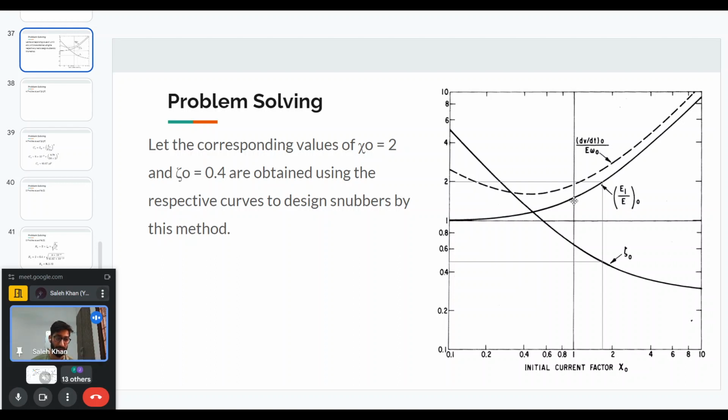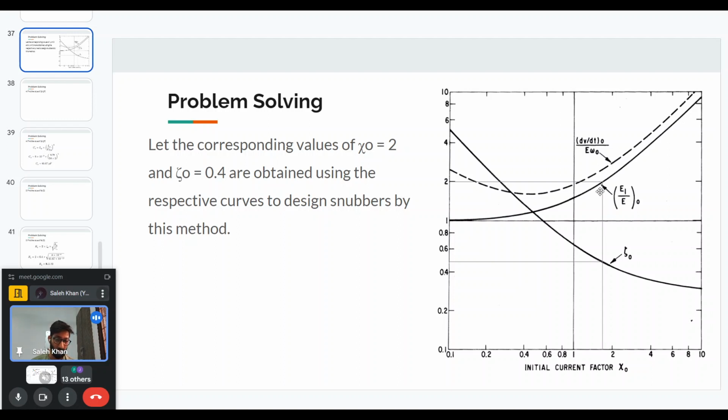We saw that E1 by E is equal to 2 because we want to limit E1 to twice E. So from the y-axis, if we find the value 2 and go to the E1 by E curve, then we can go to the x-axis. That will be the corresponding value of chi, right? Where it intersects the x-axis.